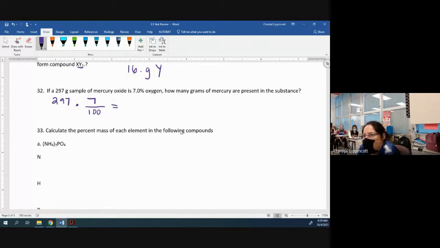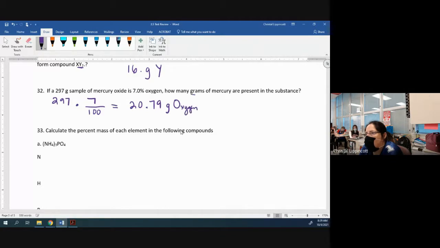And when we do that, 297 times 0.07 is 20.79. That is my grams of oxygen.